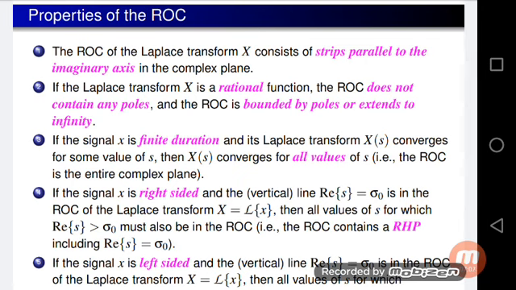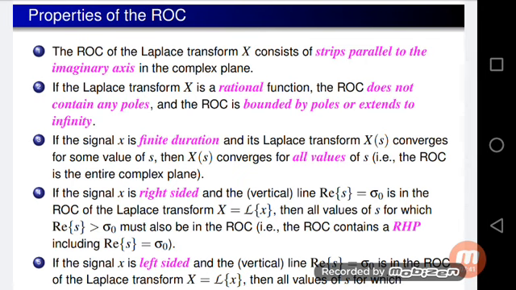If the signal x is of finite duration and its Laplace transform X of s converges for some values of s, then X of s converges for all values of s. The ROC is the entire complex plane. If the signal x is right sided, the ROC is to the right of vertical lines Re of s equal to sigma naught.